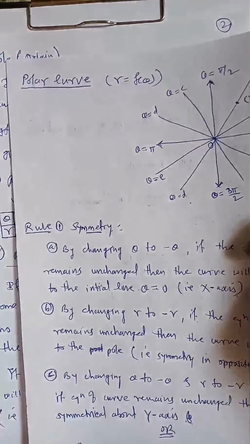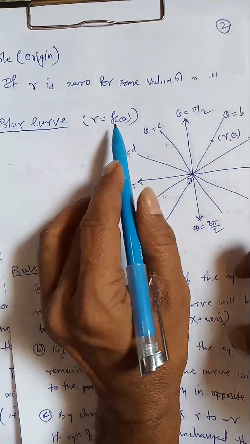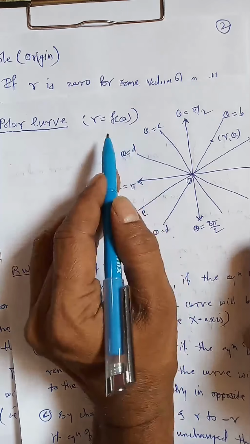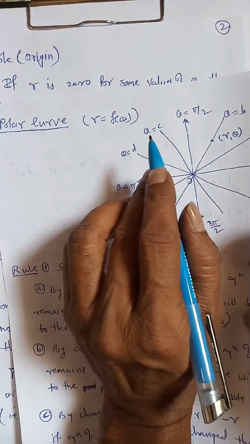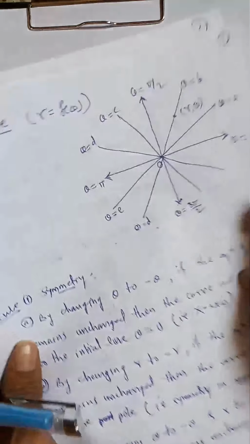Now we'll discuss the polar curves r equals f of theta. Okay, this is the polar equation. Before that, we'll see the representation of these polar coordinates.